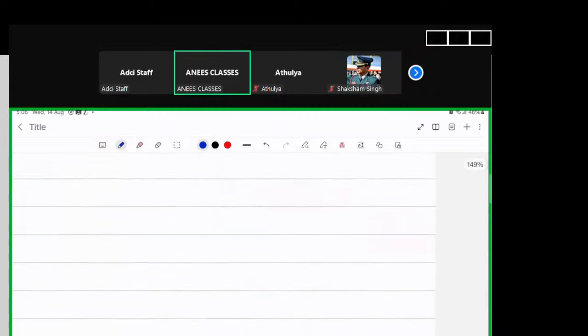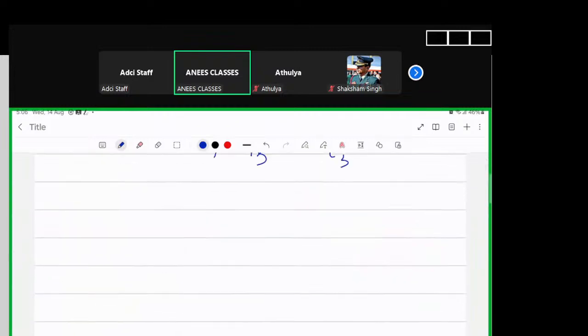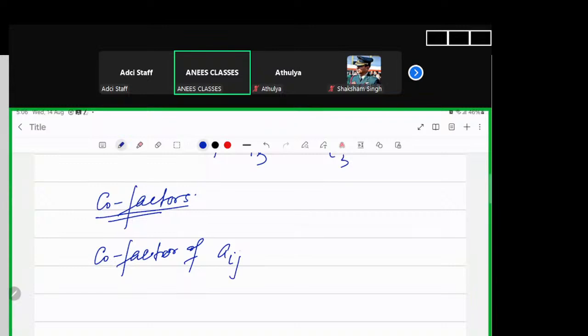Now the cofactors. Cofactor of Aij is equal to, let me take capital Aij or capital Cij.